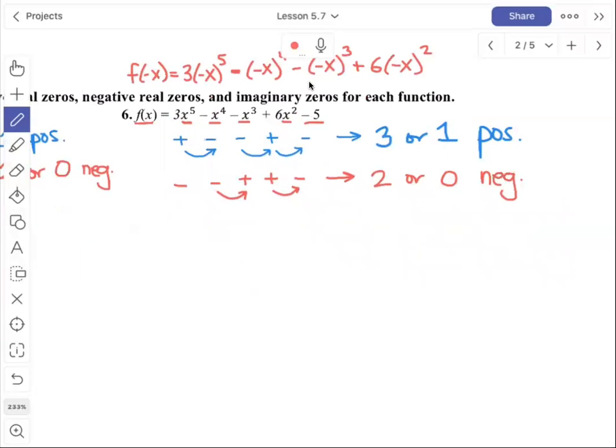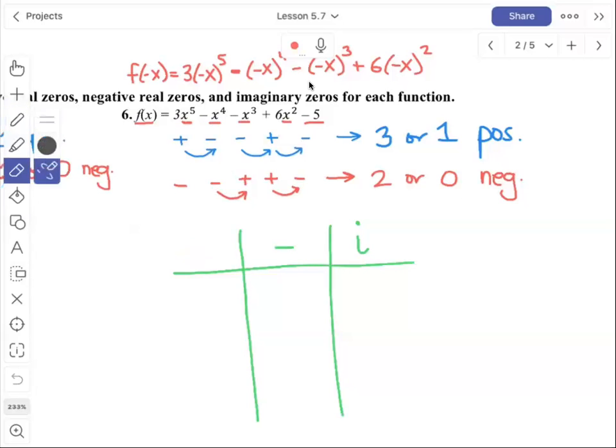Rachel, help me out with this next part. I'm going to build my chart. So Rachel, I'm also kind of confused with this part. That's okay. Help me out. I have positives, I have negatives, I have imaginary. So Rachel, what's one possibility of how many positive roots we have? 3.